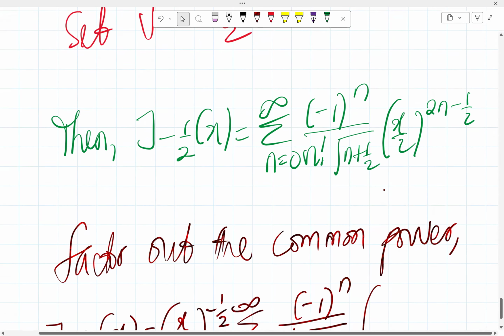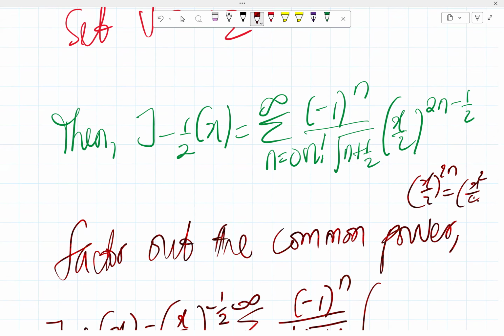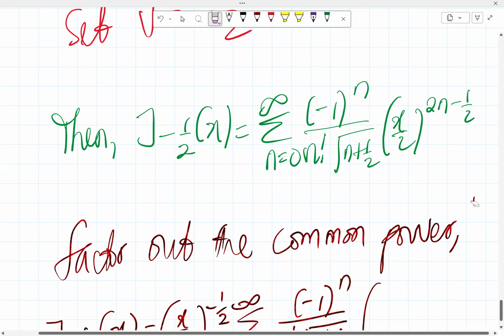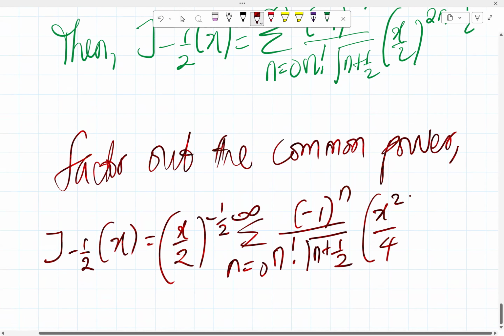Then x over 2 raised by 2n, you can take the power inside. That's x squared over 4 raised by n. So this 2 just goes inside, so we can write it that way. So this is x squared all over 4 raised by n out there.